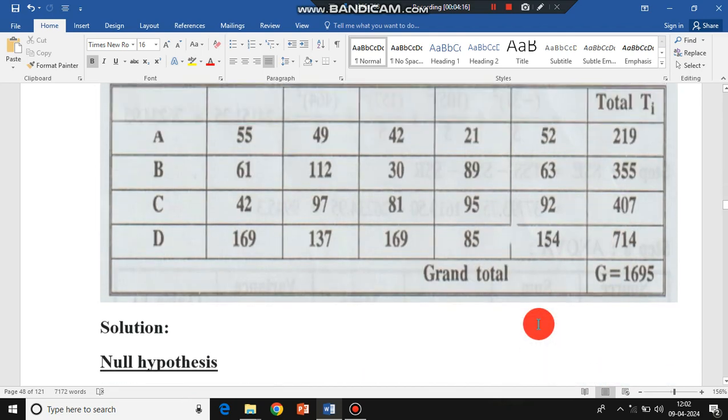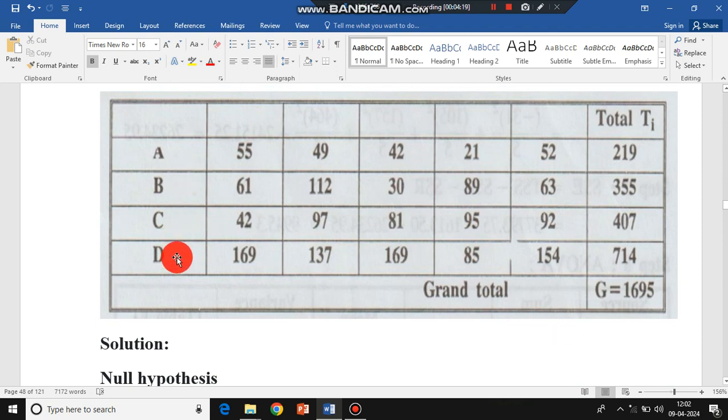A, B, C, D are the feedstuffs, and we can take the treatments as T1, T2, T3, T4, T5. Our aim is whether there is a significant difference between the columns or between the rows.